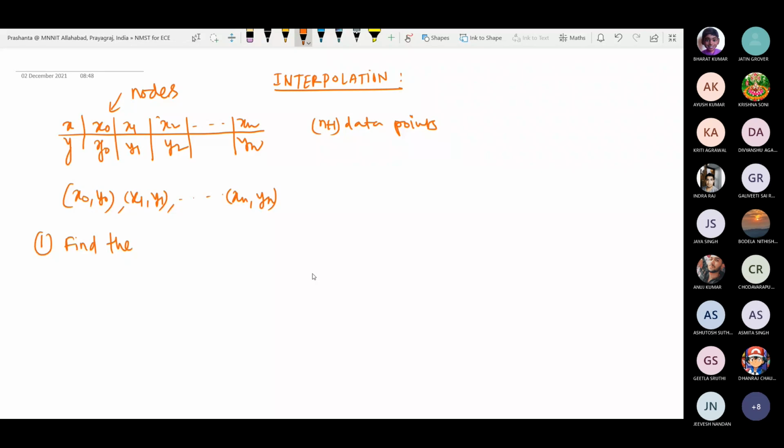Here we'll be talking about polynomial functions only. We'll be considering polynomial interpolation: how to approximate an arbitrary function by a polynomial. How can you say that any continuous function can be approximated by a polynomial? This is due to the famous mathematician Weierstrass, in 1885 or 1895. He proved that any continuous function on an interval can be approximated by a polynomial.